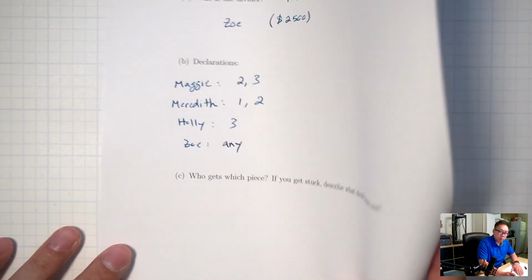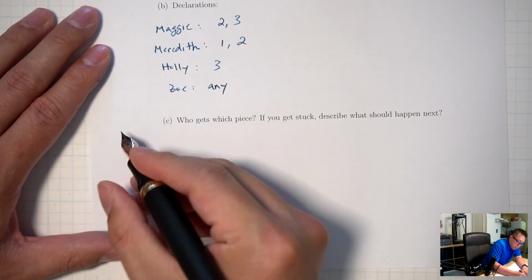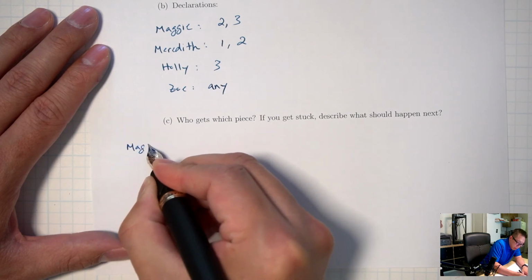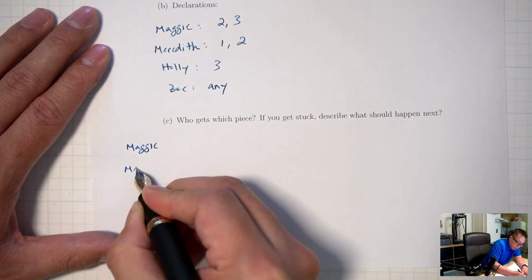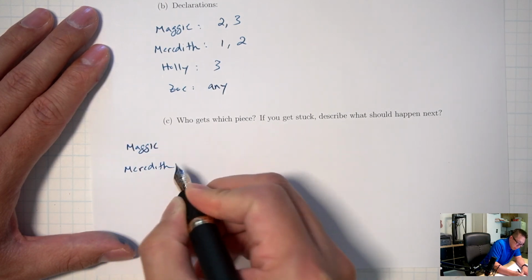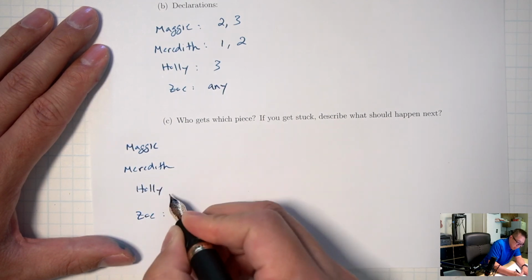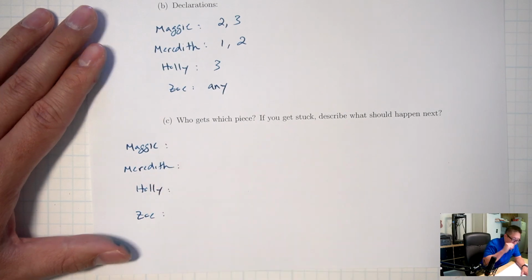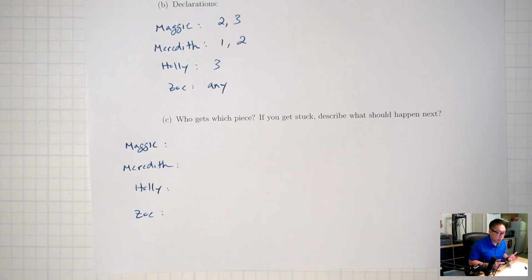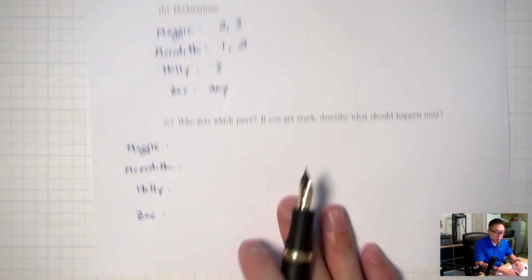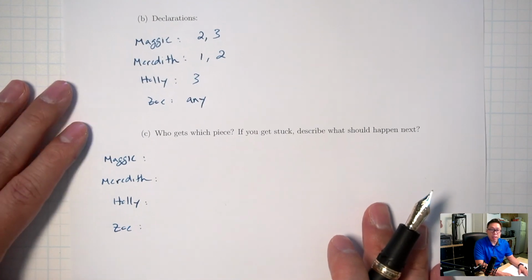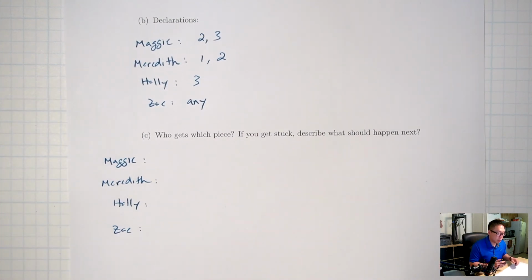Okay, now for part C. For part C, we're going to try to give everybody one of the pieces that are on their list. So forget about the table. Just look at the list that you made in part B and try to give everybody one of the pieces on their list.